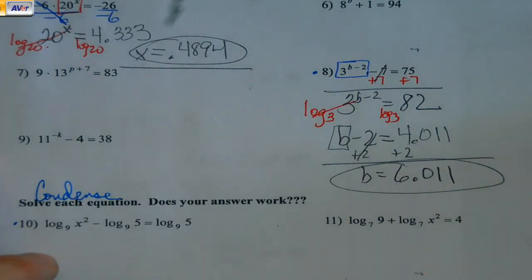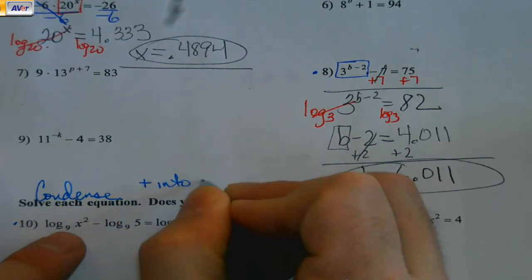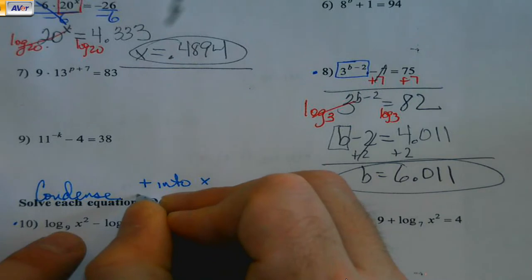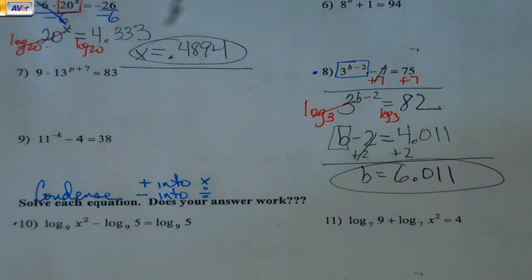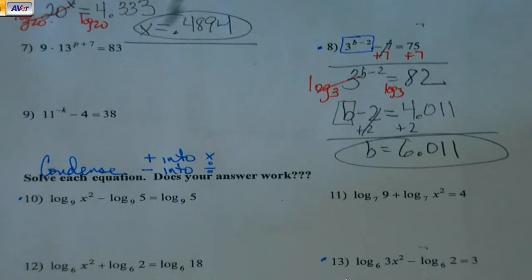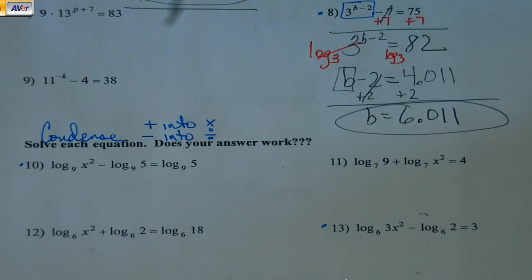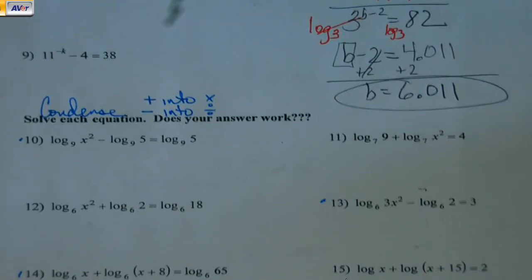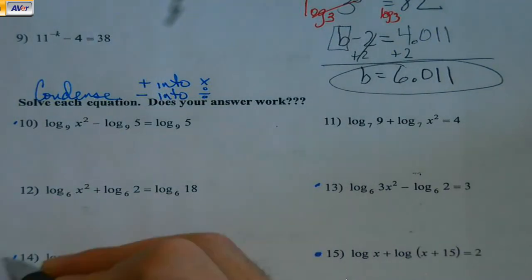And as a reminder from yesterday, plus is going to turn into multiply. Minus is going to turn into divide. And we're going to see one of each of those, I think. Oh, yes, we are. Okay, I wanted to make sure. I'm going to switch those up, though.